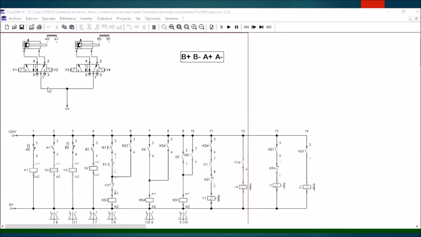In the electric part, we have at first four open switches for these sensors.